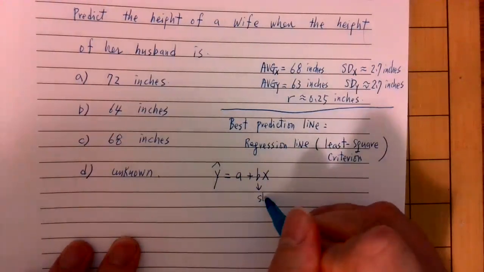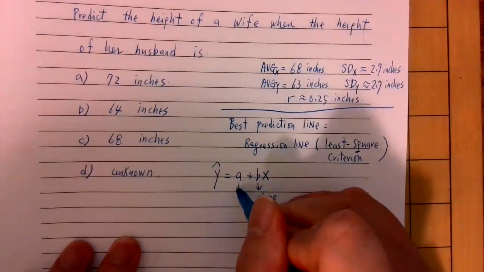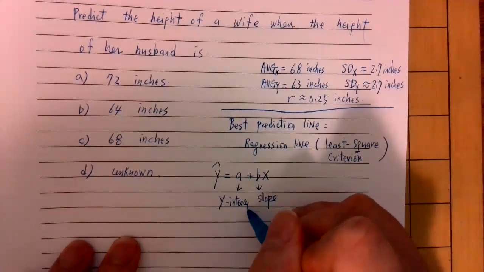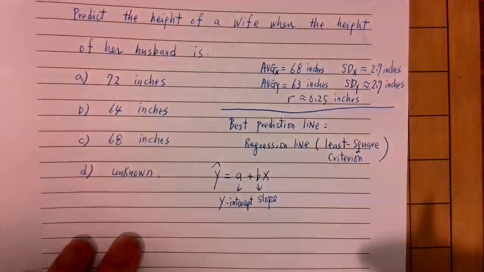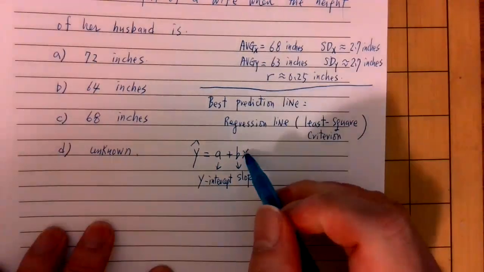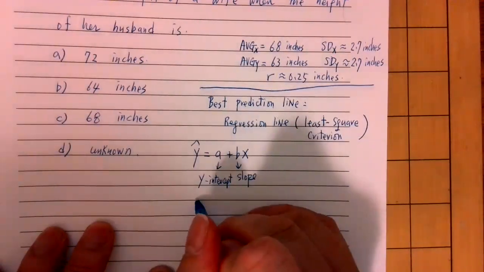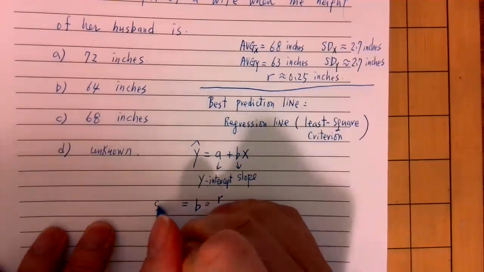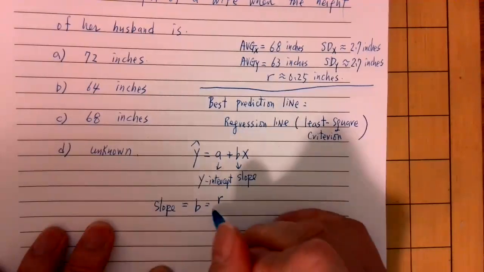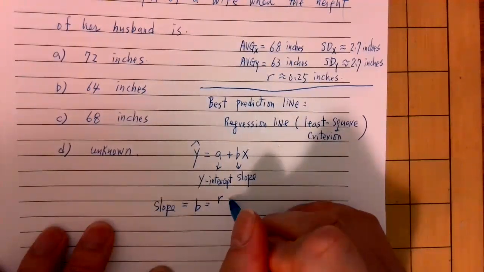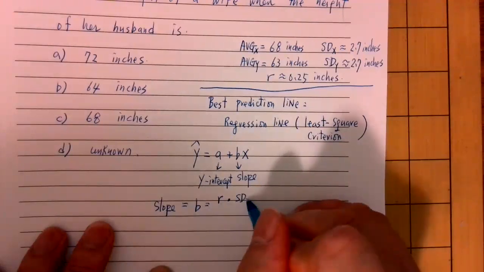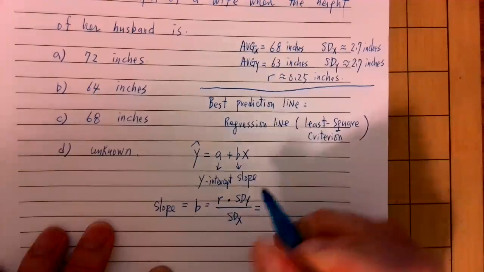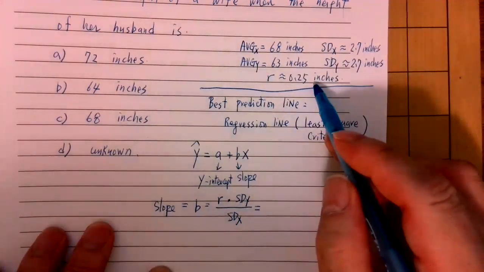B is the regression slope, and a is the y-intercept. So how do we find b and how do we find a? Well, b is equal to the correlation coefficient r times standard deviation y over standard deviation x. And r is given.